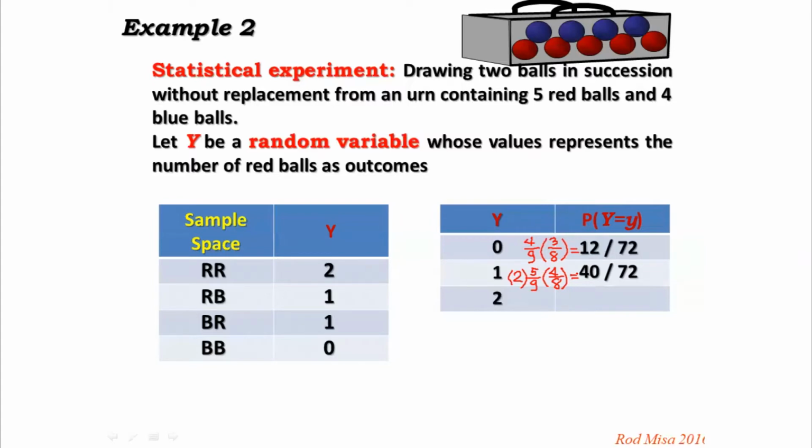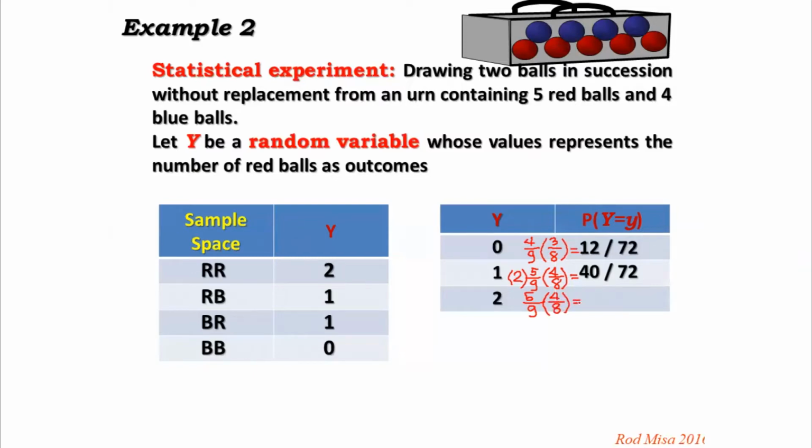But when the random variable has a value of 2, which represents 2 red balls when you draw 2 balls in succession from this urn, it can be obtained by the probability of drawing a red ball during the first draw, which is 5 over 9, multiplied by the probability of drawing another red ball during the second draw, which is 4 over 8.